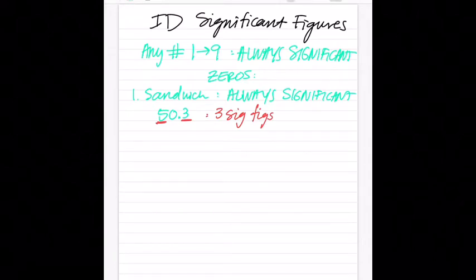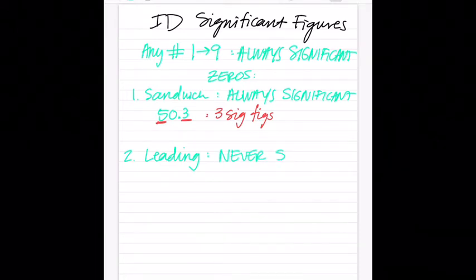All right, type number 2 that you will encounter are called leading zeros, and those are never significant. Never.